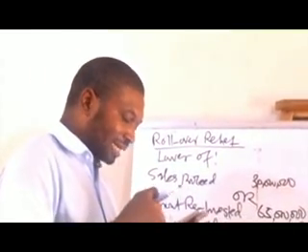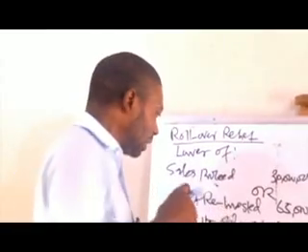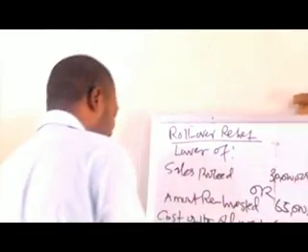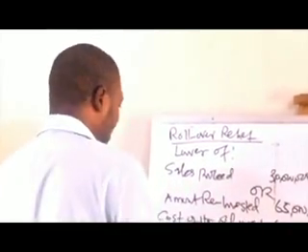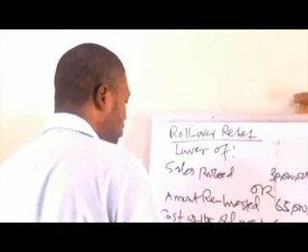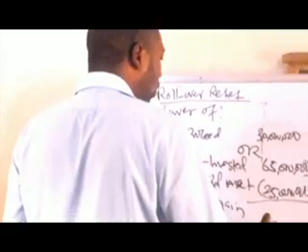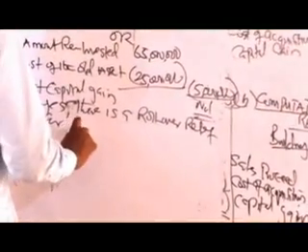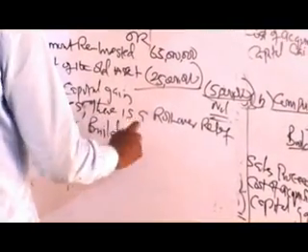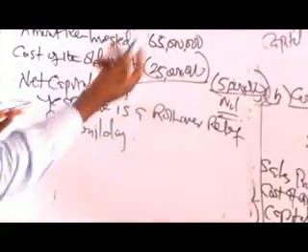So we are not going to calculate any rollover relief on it. So the answer for this is yes, there is a rollover relief for building, and the rollover is just 5 million.